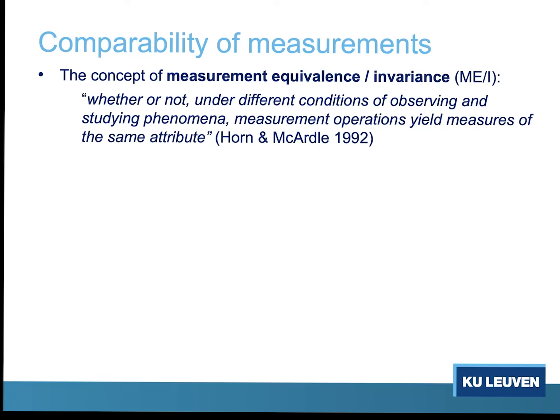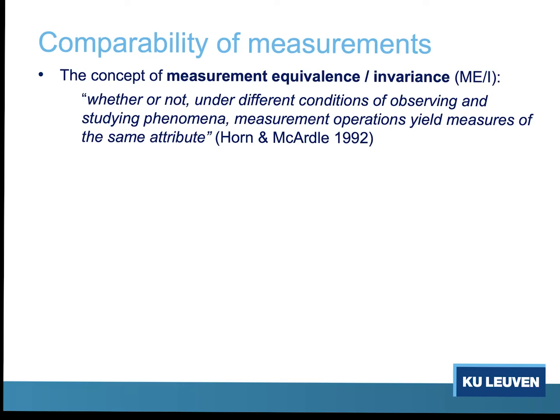So if you buy the argument that we're taking the approach of statistical modeling to study the measurement process, and if you buy the argument that reflective measurement is the model, the paradigm in which we work, then the concept of measurement invariance becomes really important, right?